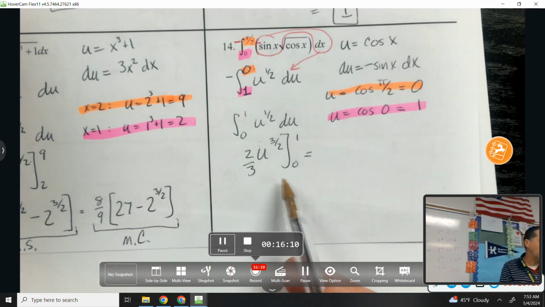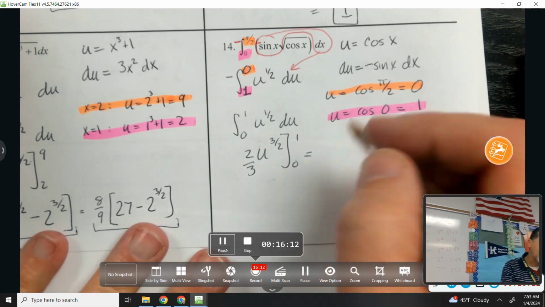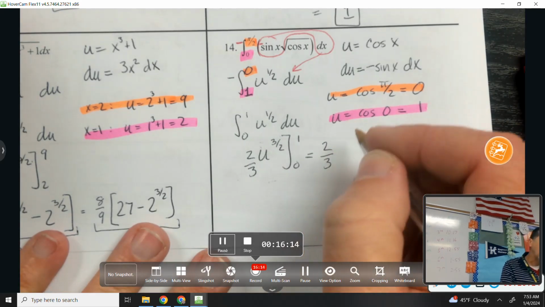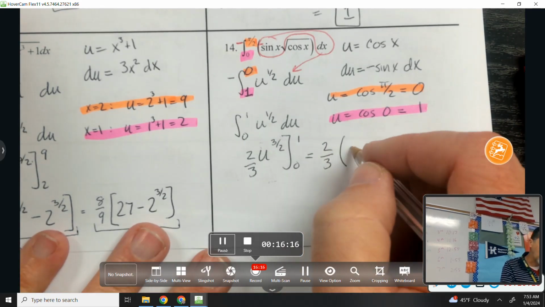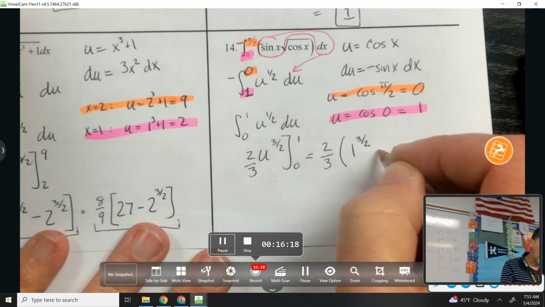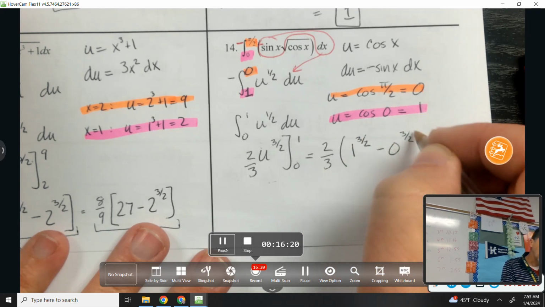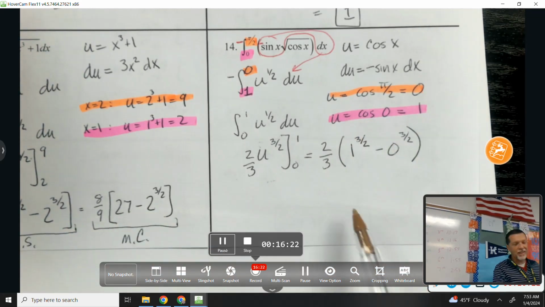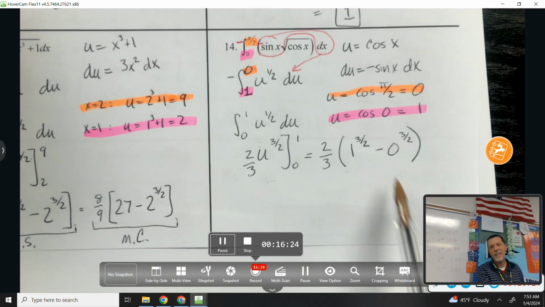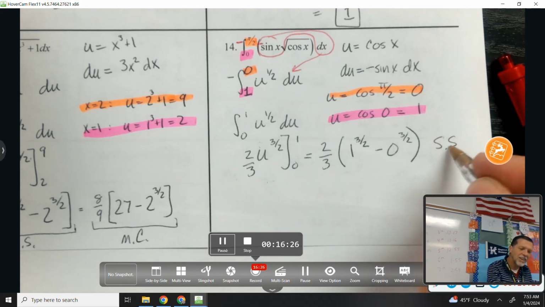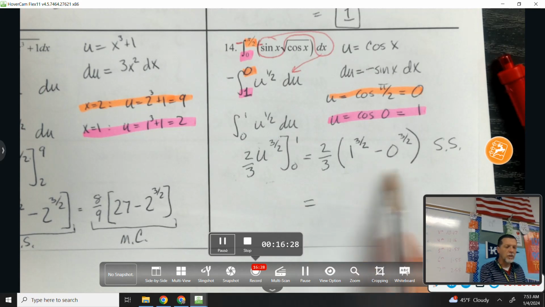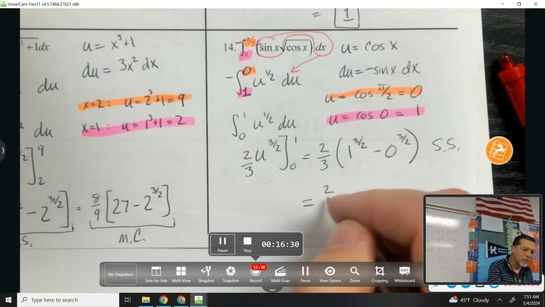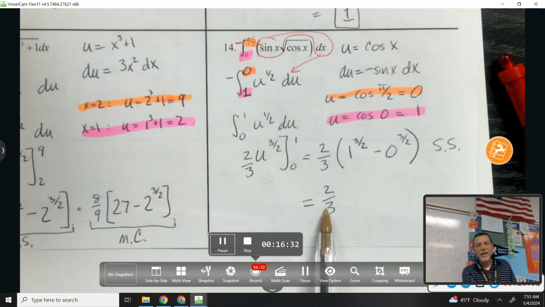No, that's not a safe stop. The next step is 2/3 times 1 to the 3/2 minus 0 to the 3/2. And that's a safe stop. That can be simplified significantly, but it's not wrong. 1 minus 0 is 1 times 2/3 is 2/3, so that's a cleaner answer, but I don't know that I'd even say it's a better answer.